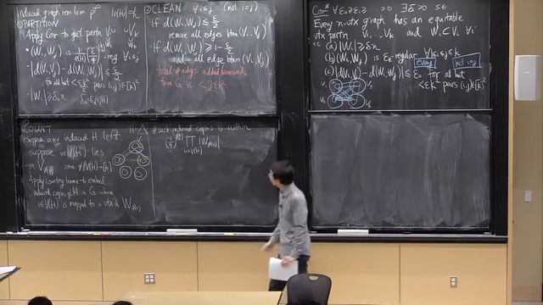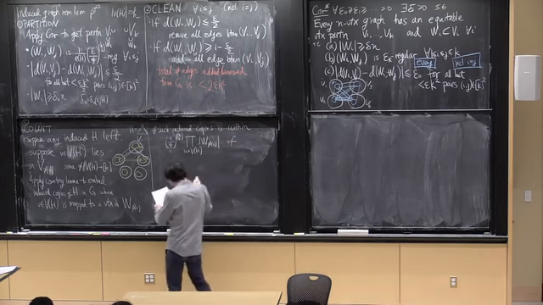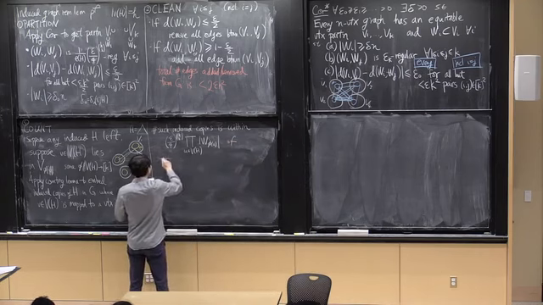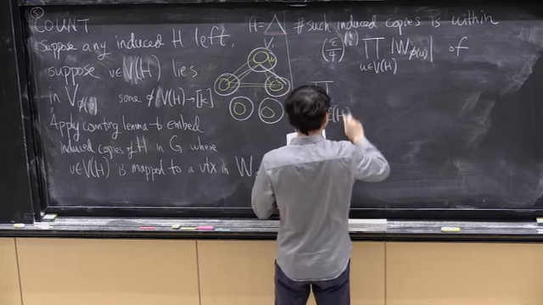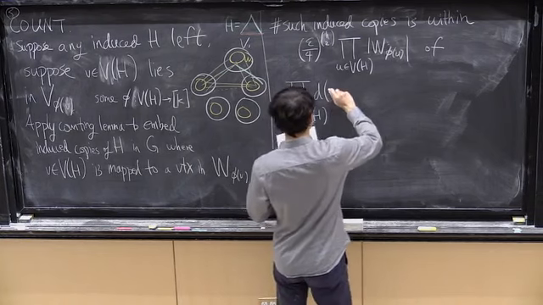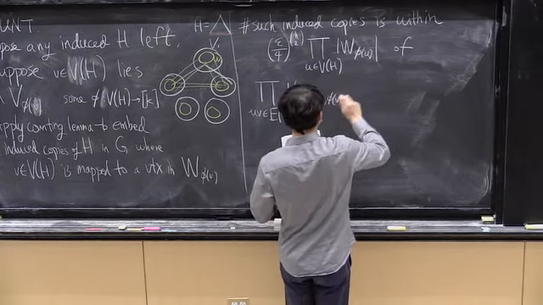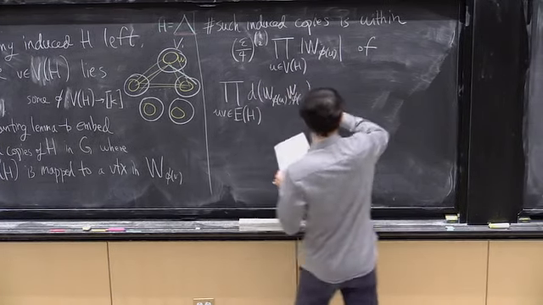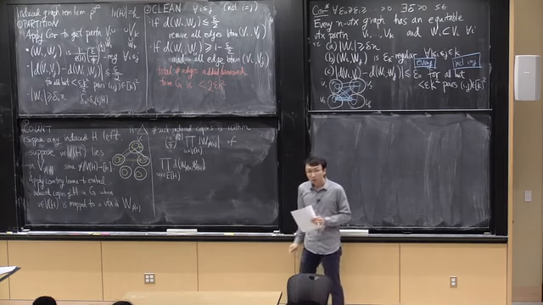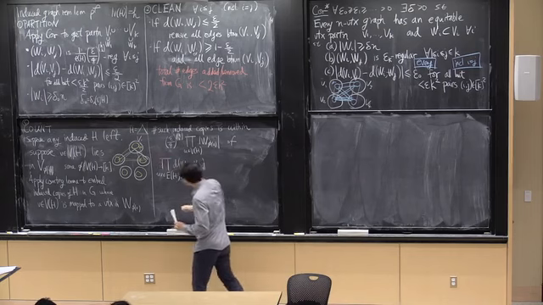Okay, so it's within this error of what you would suspect if you naively multiply the edge densities together along with the vertex densities. So these factors are for the edges that you want to embed.